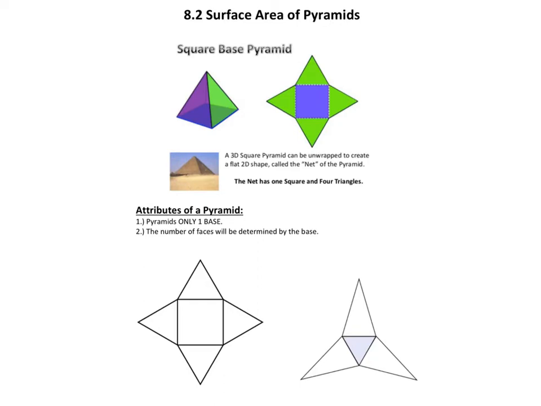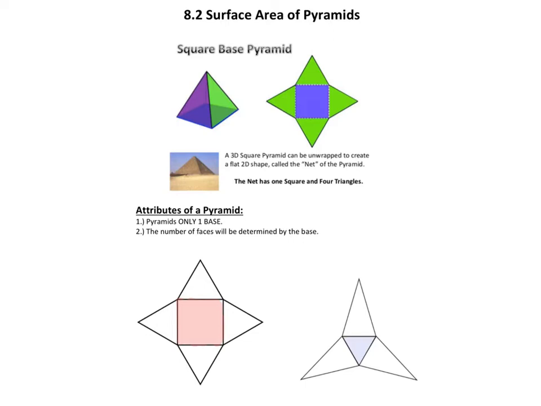So let's look at some attributes of a pyramid. The pyramid has only one base. So I'm going to shade the base just like I did on the surface area of a prism. We always like to shade the base. So there's only one base, and the number of faces will be determined by the base.